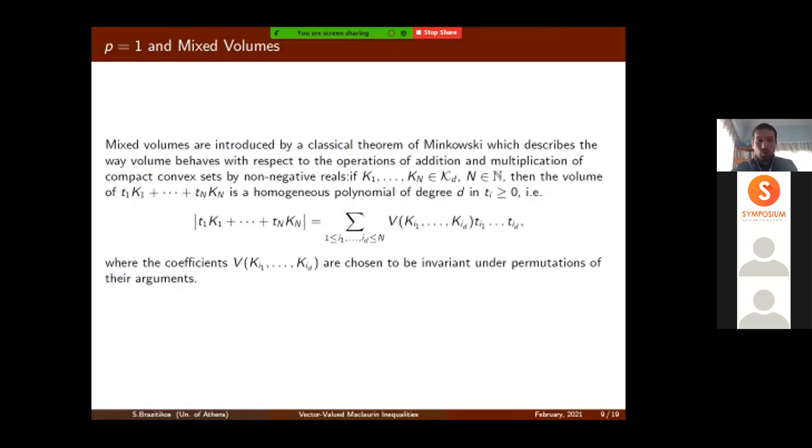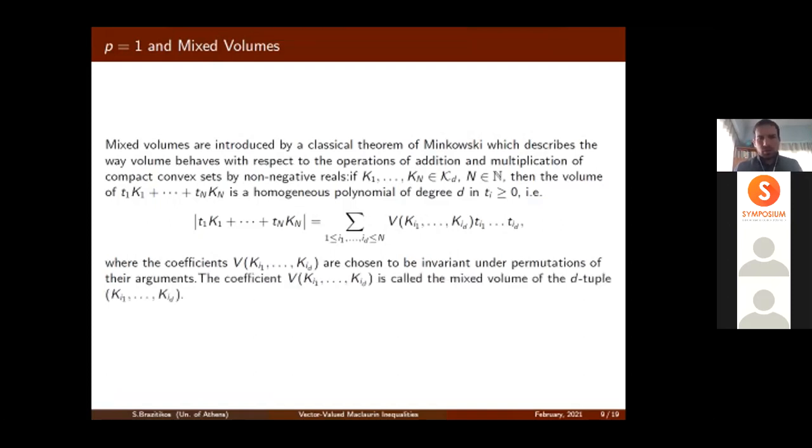So it is a homogeneous polynomial of degree d, and the coefficients that appear here are what we call mixed volumes of convex bodies. So this is exactly what a mixed volume is.